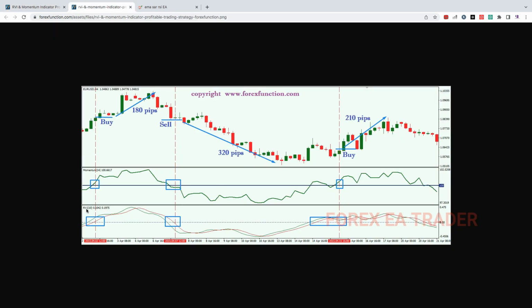So this is the RVI with a setting of 10 and momentum with a setting of 14. And so this is what we use. There's the 0.0 level, then there's the 100 level on the momentum. Okay, and I think they are selling after a bearish candle, and they're probably buying after a bullish candle.